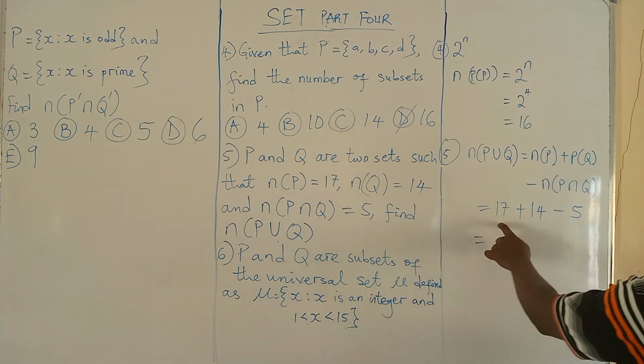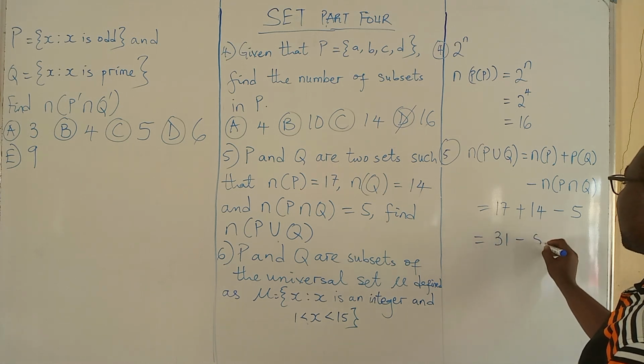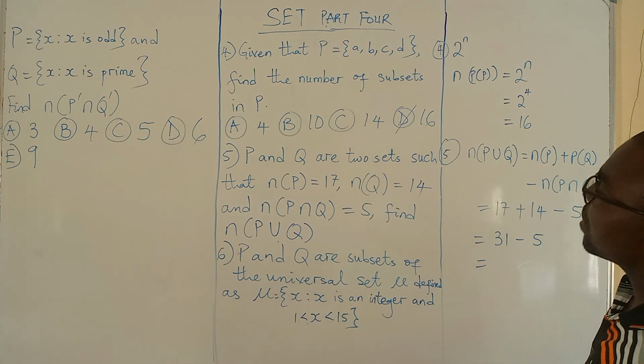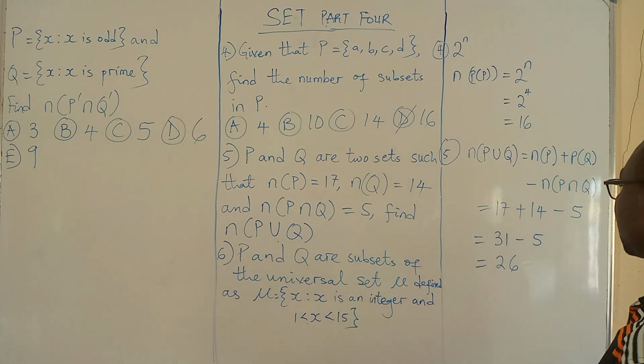And so this gives us 31 minus 5. So that gives us 26. So 26 is the answer to question number 5.